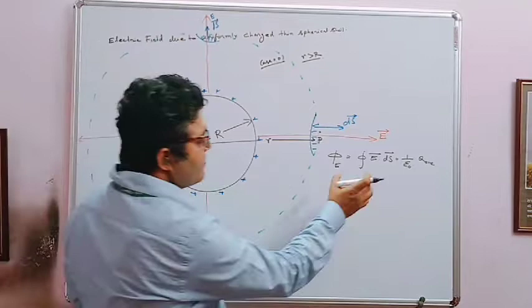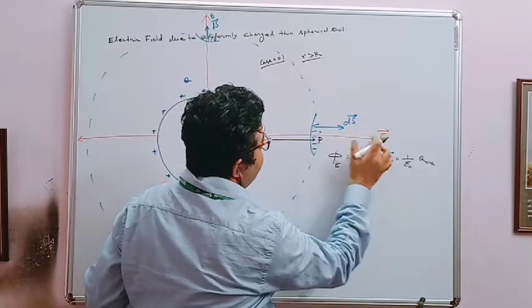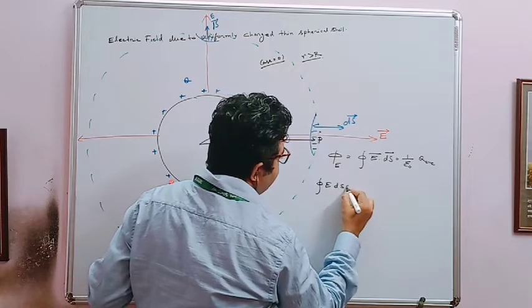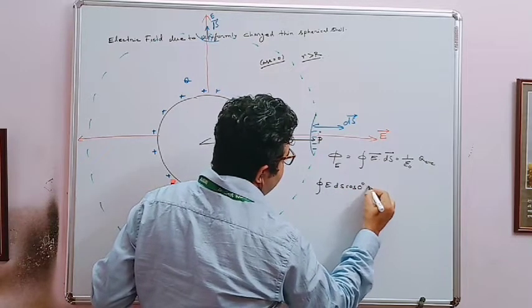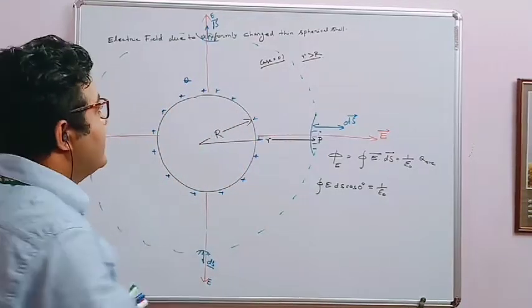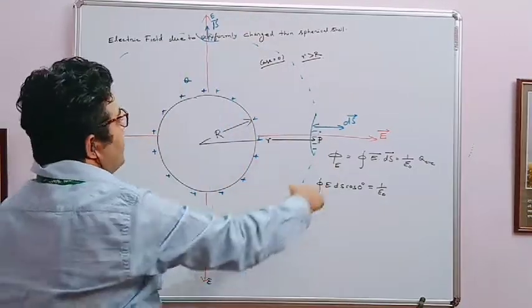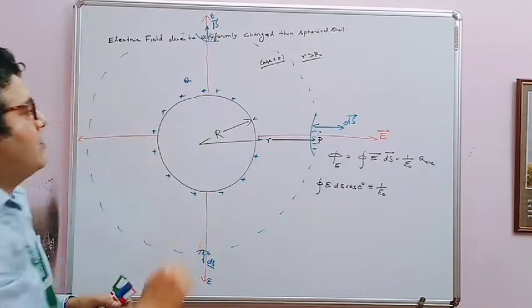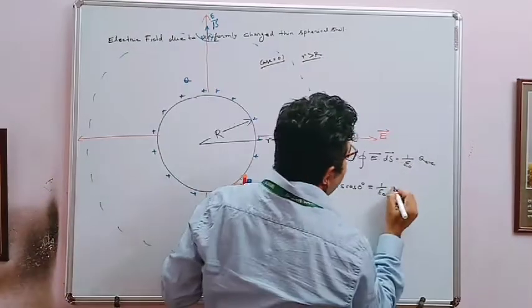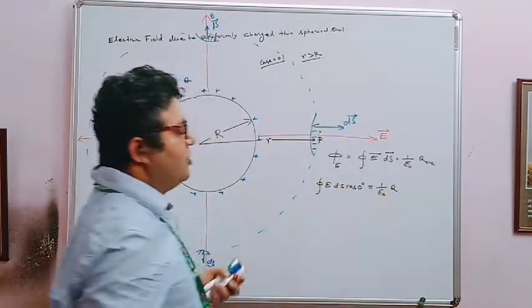Now electric field and area vector are in the same direction, so we write E dS cos 0 degree equals 1 by epsilon naught, and this imaginary Gaussian surface encloses how much charge? Q amount of charge. So in place of Q enclosed, we can write Q.